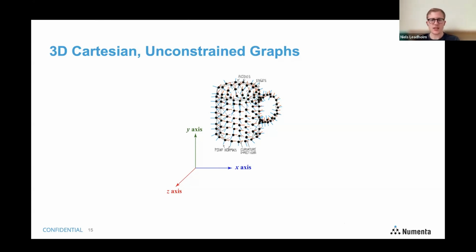Obviously, this is very easy to visualize. In general, these are unconstrained in that we can keep adding points, and they can represent an arbitrarily large or small object. There's no limit to how big an object a network can learn.